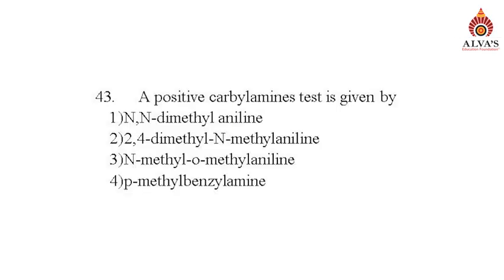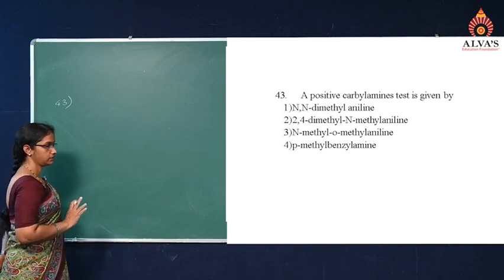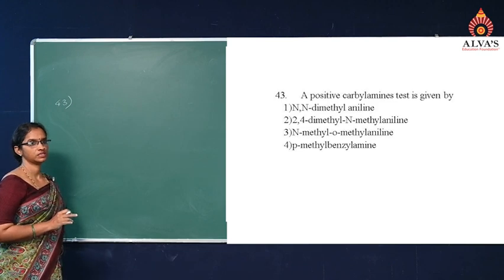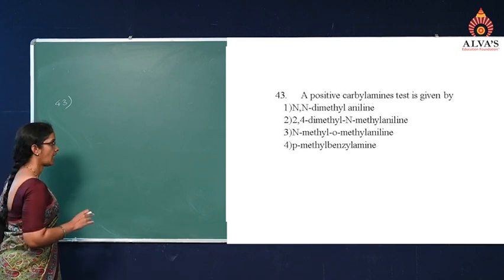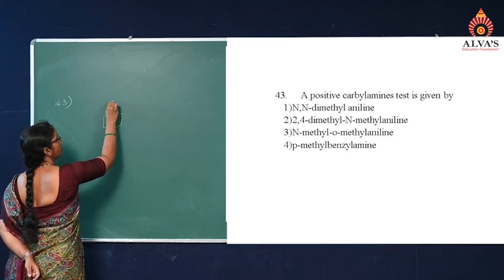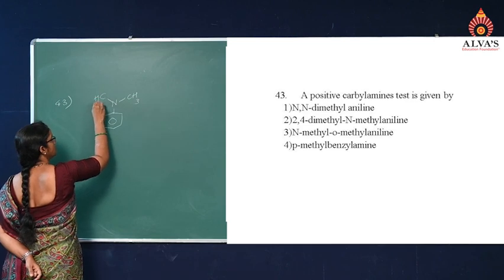Next, question number 43. A positive carbylamine test is given by. Now, remember, carbylamine tests are answered by primary amines only. So, to find the appropriate answer, we have to look at the options. First one is N,N-dimethylaniline, which has NCH3 and CH3.